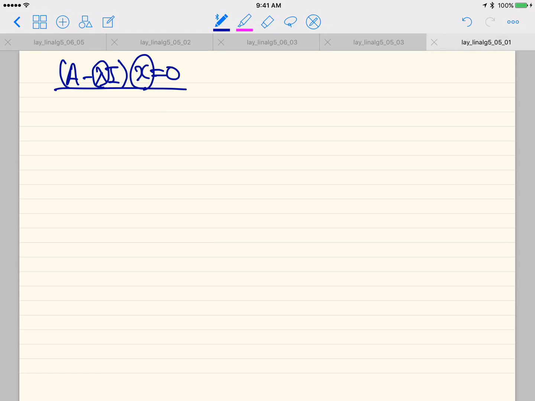Because in that case you should have a non-zero eigenvector. This is still a square matrix, and it should be singular or non-invertible.